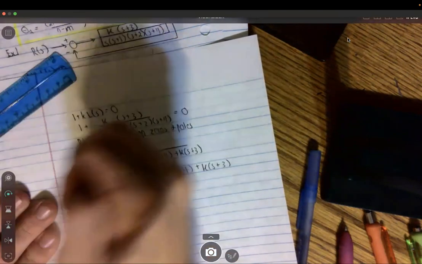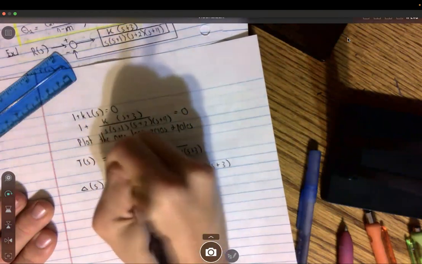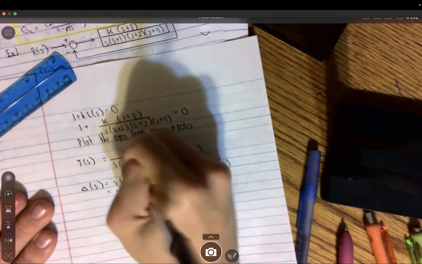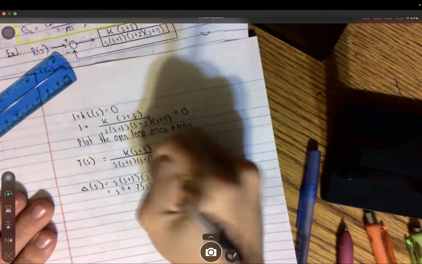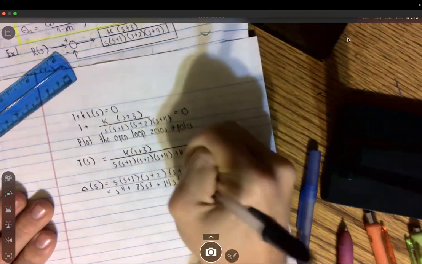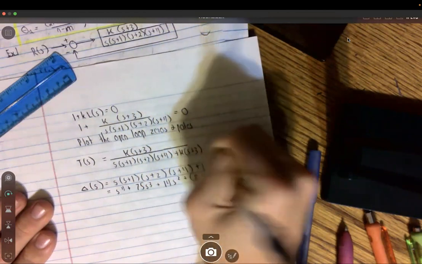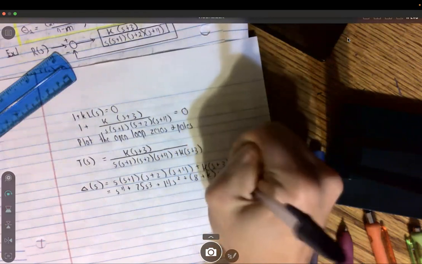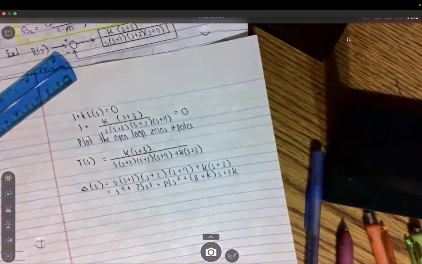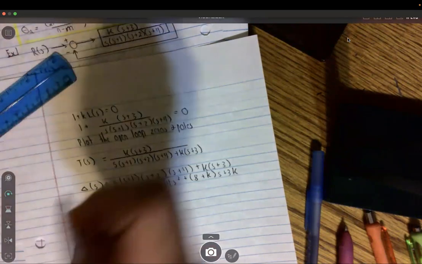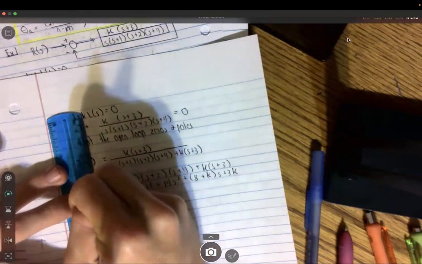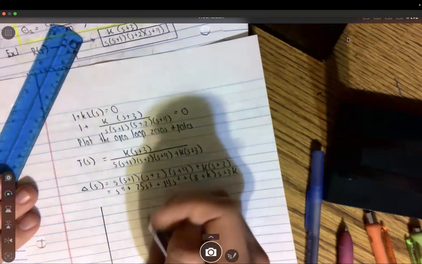And when you multiply this out, you're going to get S to the power 4 plus 7 S to the power 3 plus 14 S squared plus 8 plus K S plus 3K. Okay, so now we've got it all multiplied out. After you multiply it all out, we're going to plug this into our Routh-Hurwitz table in order to check for the sign changes.